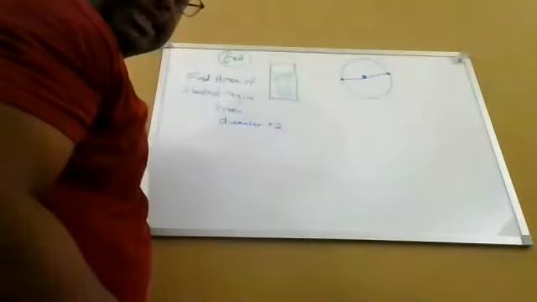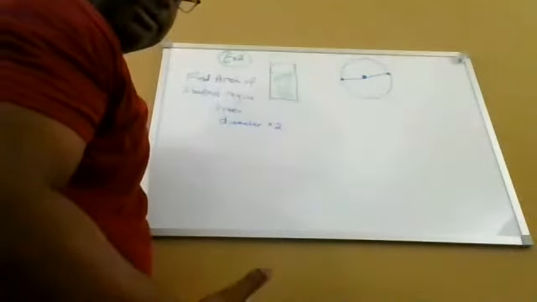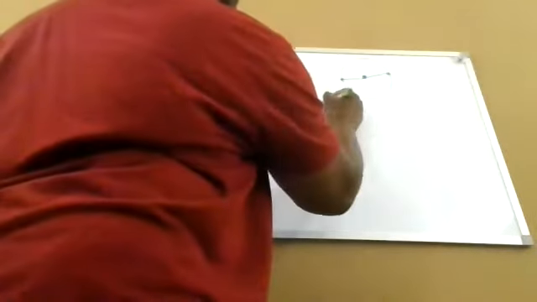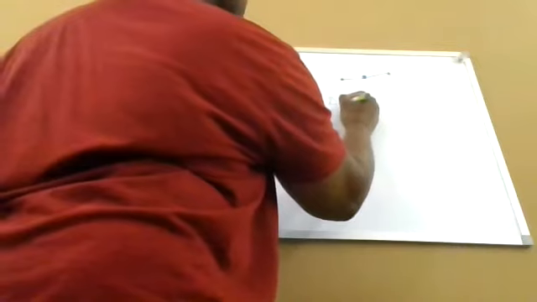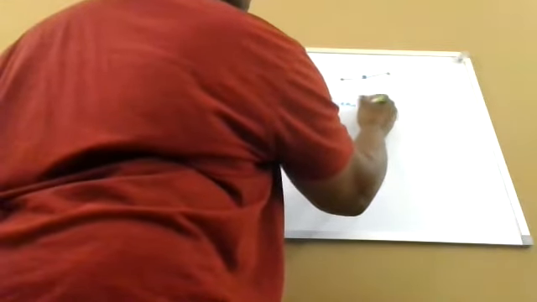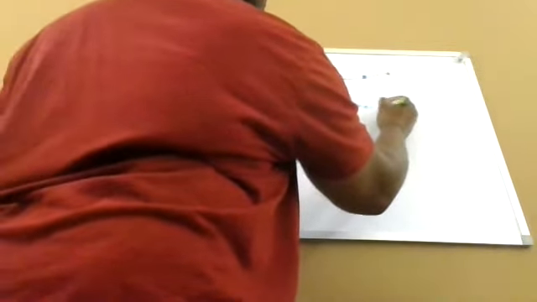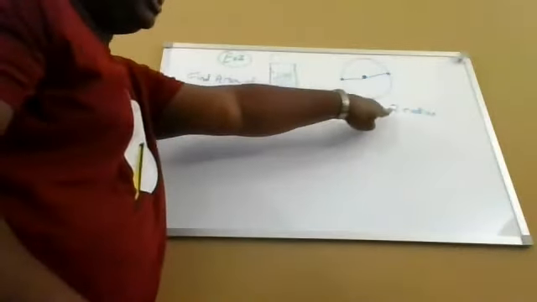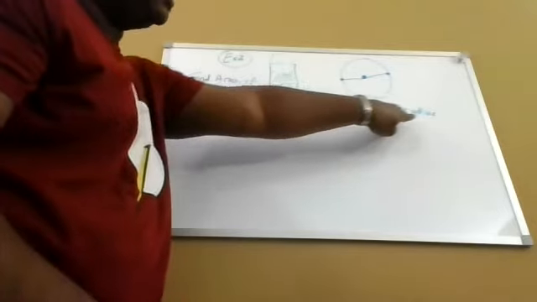Another way to say it is that the diameter is twice the radius. And we can write it this way: the diameter is 2 times the radius.